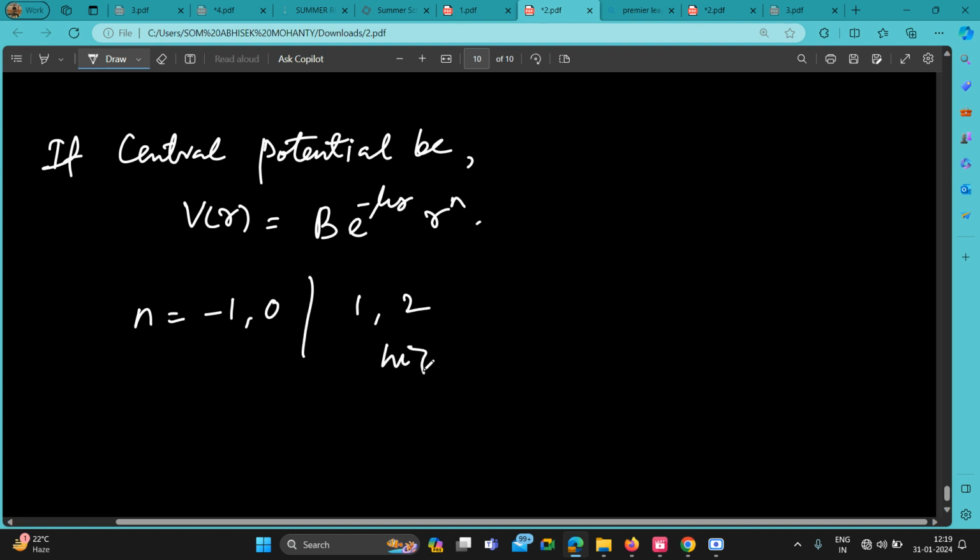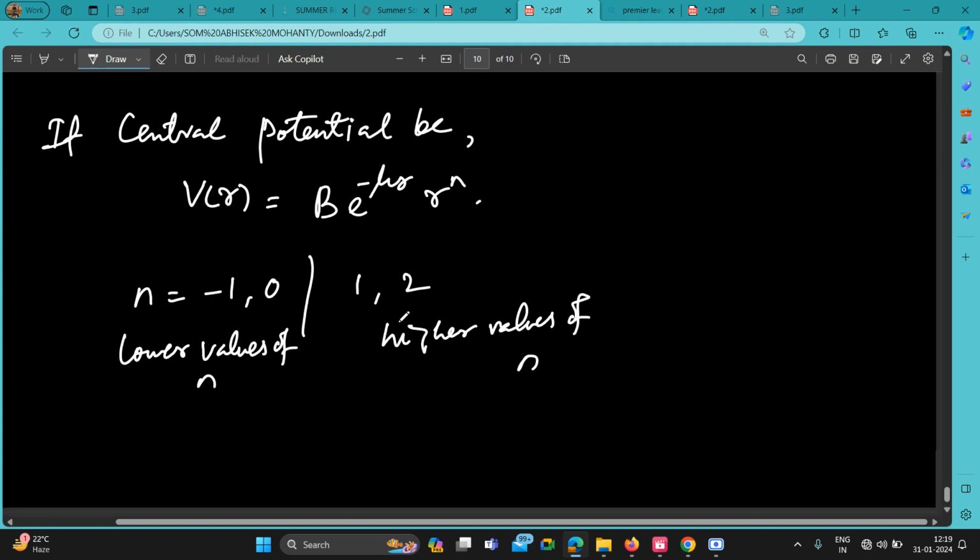These are the lower values of n, and these are the higher values of n. For lower values of n, n equal to minus 1, 0, what will be the formula?